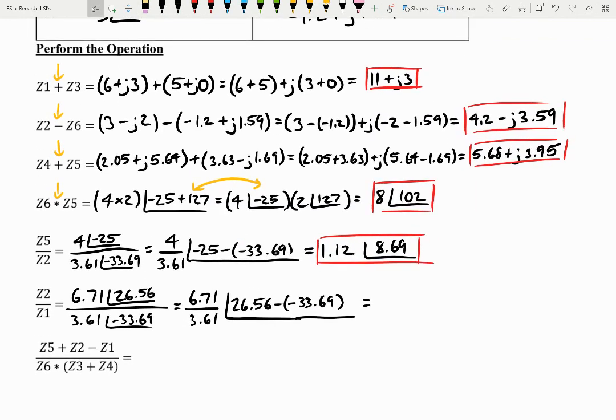Cool, I have these backwards. So instead of me going to fix that, we're just going to do that. It's engineering at its finest, folks. Okay. So we'll get 1.86, and then an angle of 60.25 degrees.